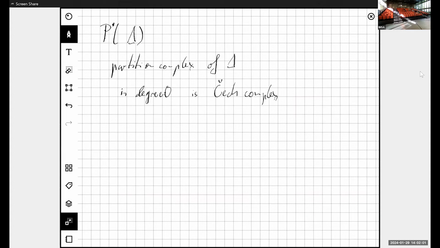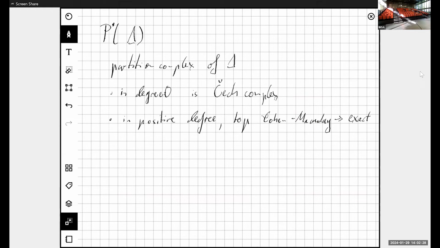Okay. In positive degree, topologically Cohen-Macaulay implies that it is exact.